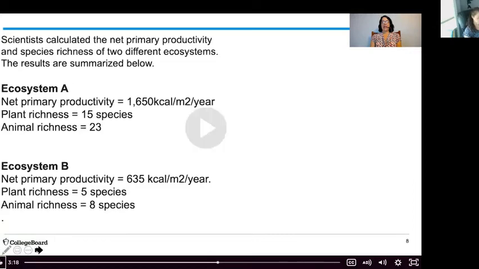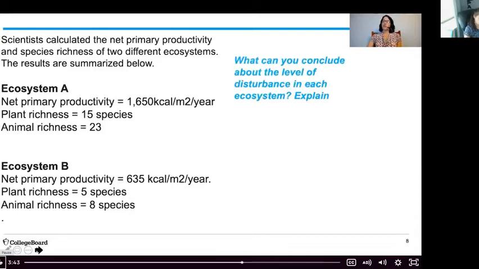Right. Ecosystem 1 had a pretty high productivity measured in kilocalories per meter squared per year, the amount of energy per unit area per unit of time. They had 15 different plant species and 23 different animal species. Ecosystem 2 had less than half that productivity, much lower plant species, and much lower animal richness. What can you conclude about the level of disturbance in each ecosystem? Explain. Remember, we're looking for patterns and trends in the data, being able to explain those patterns and trends, and finally drawing a conclusion from that.